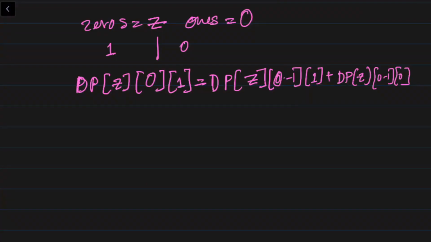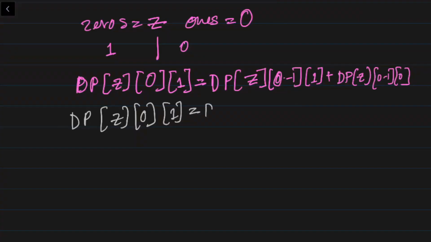If it ends with 0, then we are going to have dp of z, o, 0. Sorry, this is going to be 0.